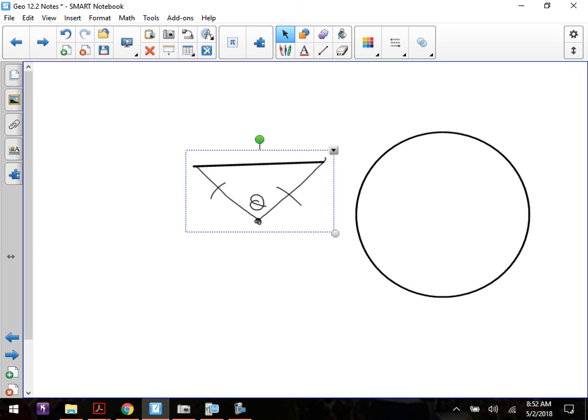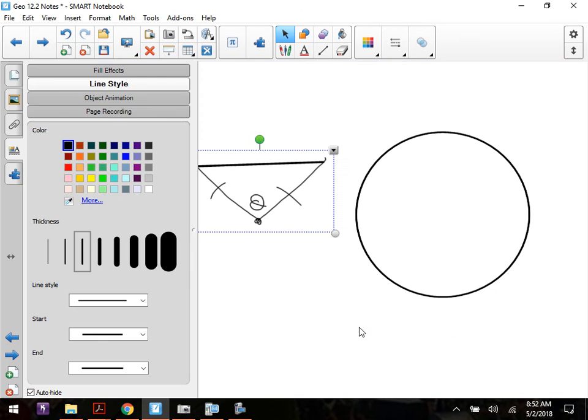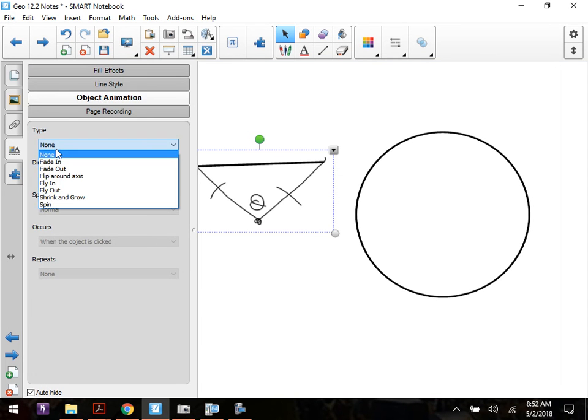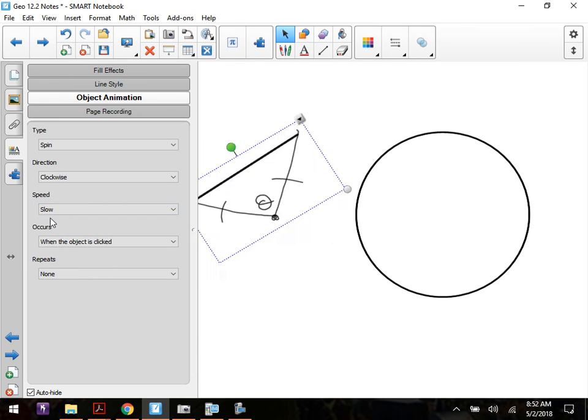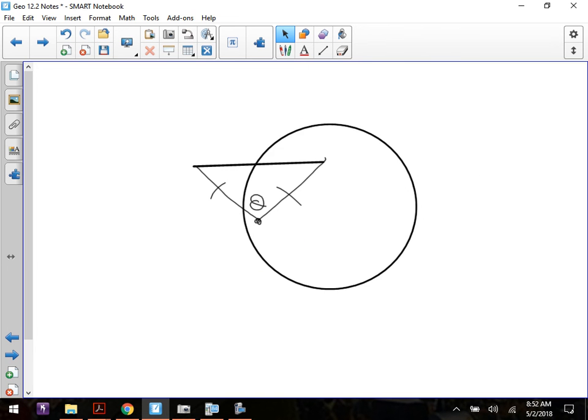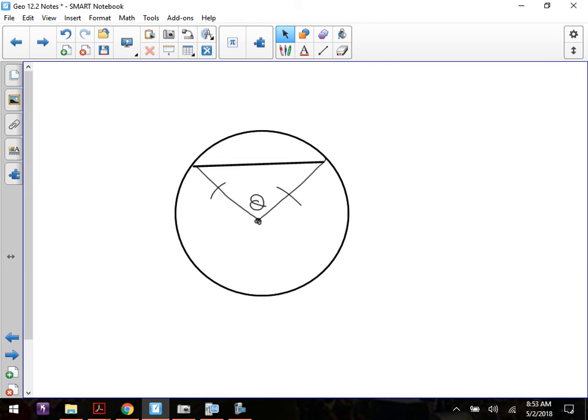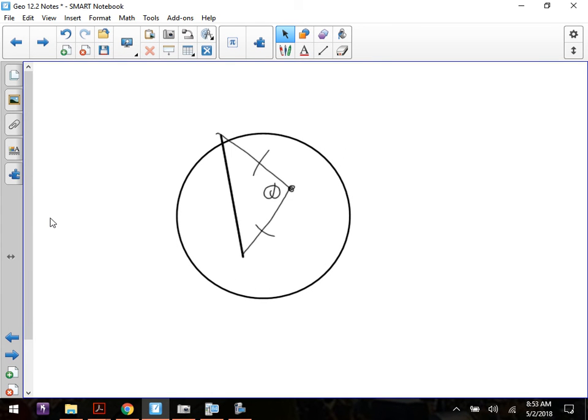Now, if I can get this to work, this might work better. So no matter where this goes in the circle, I'm trying to see a way to make it work. It just spins too fast. No matter where that goes, that arc will always stay the same.